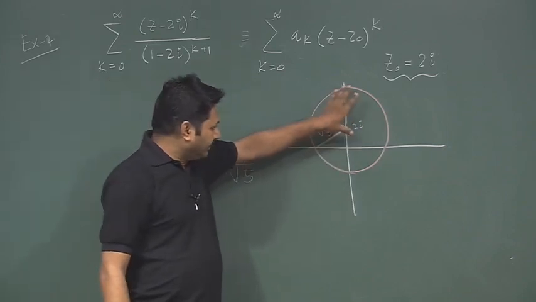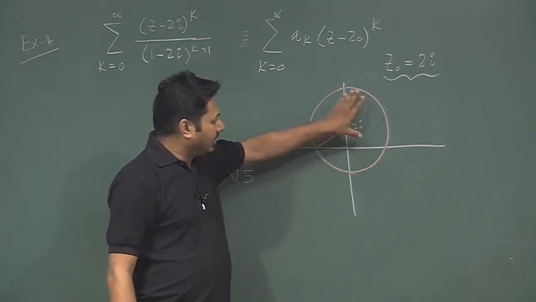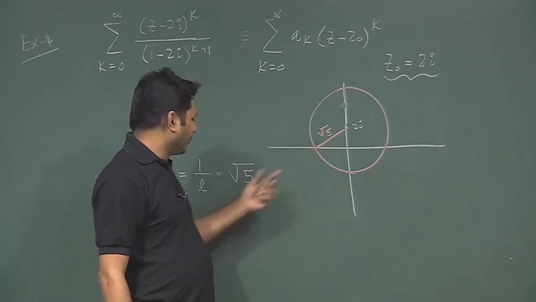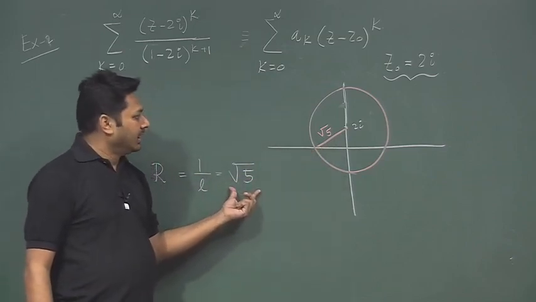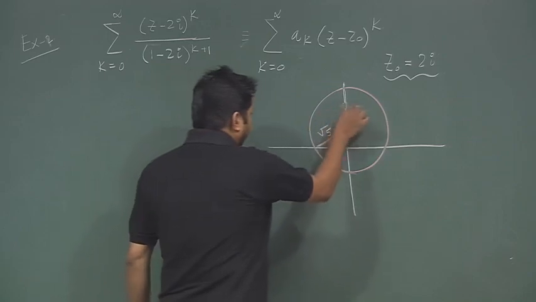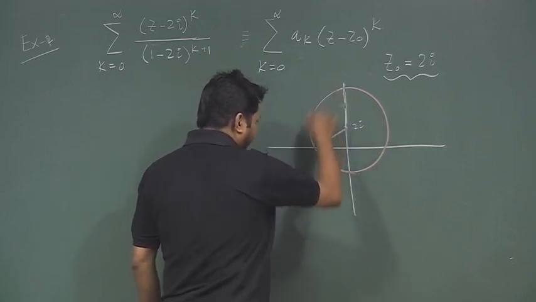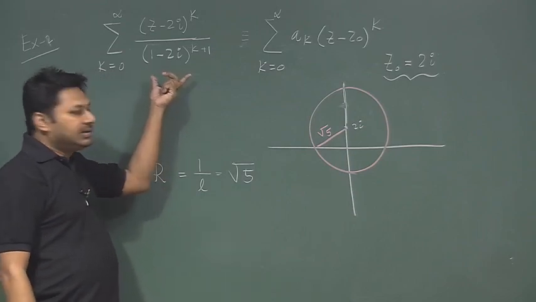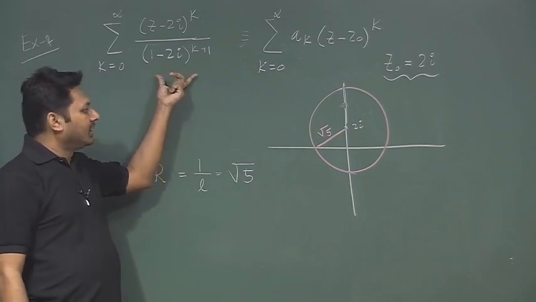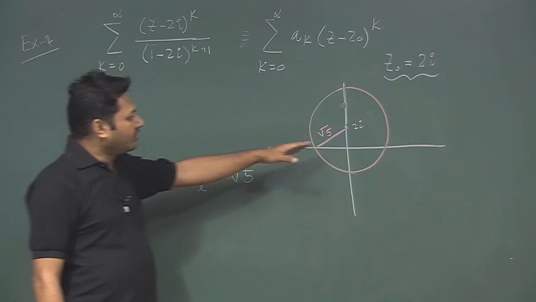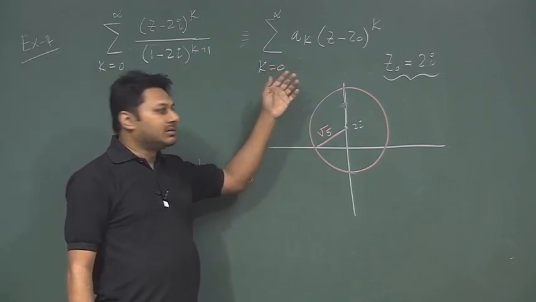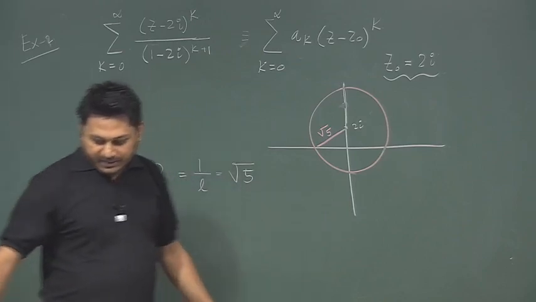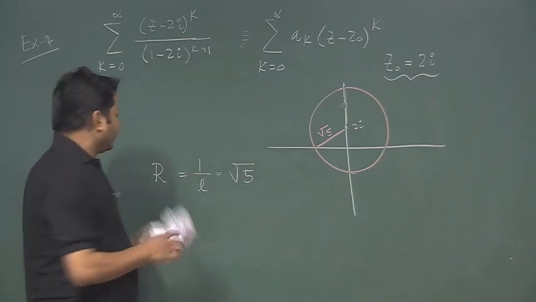So, this is my circle of convergence and this is my radius of convergence, which is root over 5, that I figured out. Whatever z is inside this red circle, for that z this series will converge, and if z is outside, then this series will not converge. That is the thing we find.